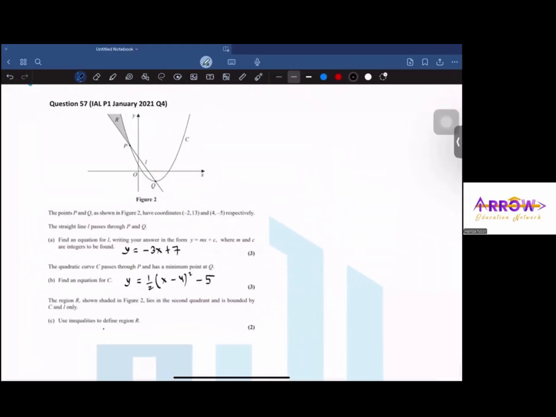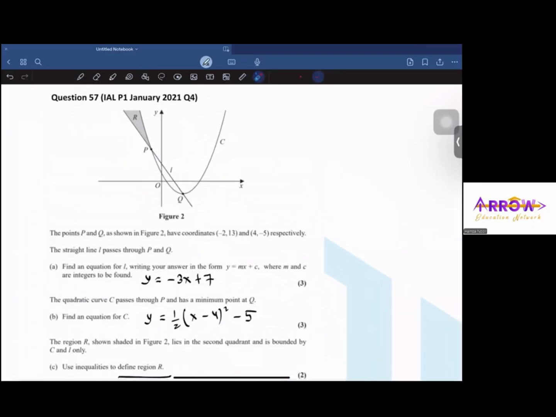The region R, as we can observe, is below the curve and above the line. The curve is smooth and the line is also smooth. So I can simply make a statement that region R is below the curve and above the line.